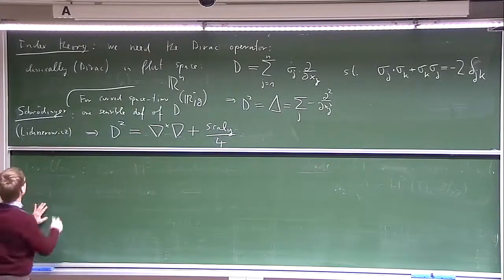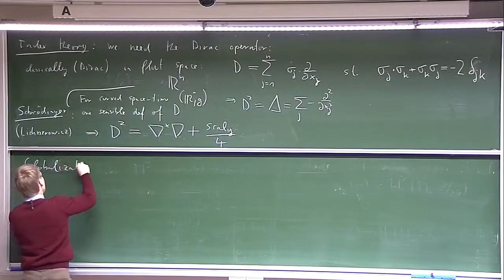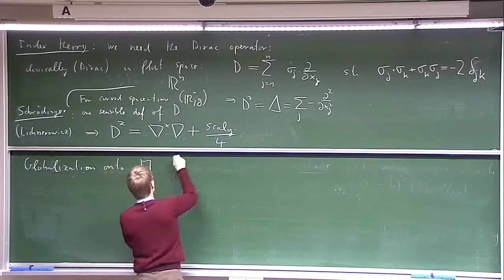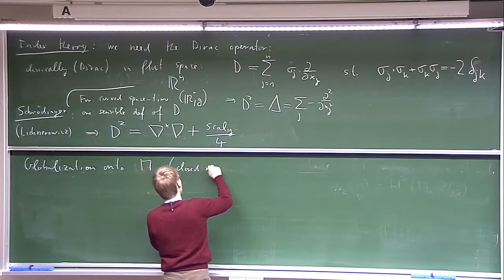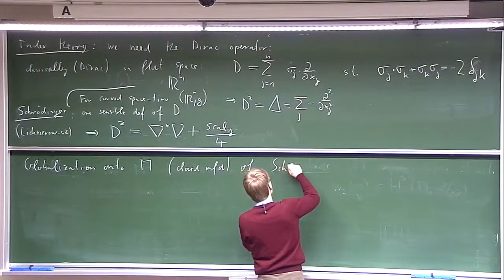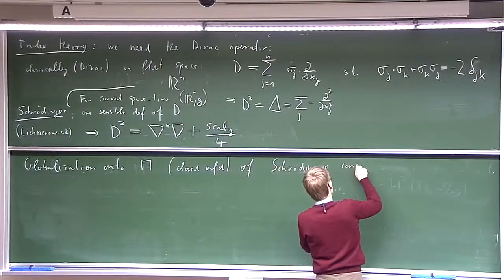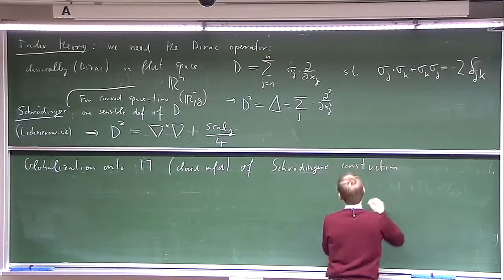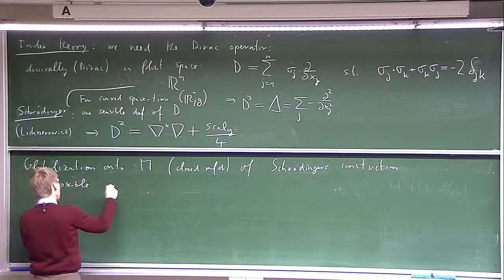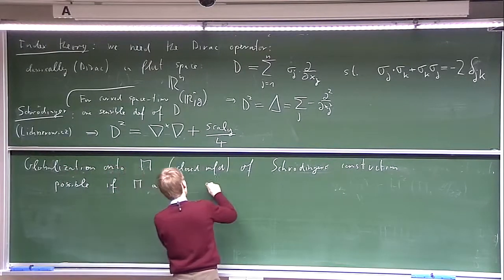So globalization onto M, our closed manifold, of the construction is possible, but not always, if M admits a spin structure.